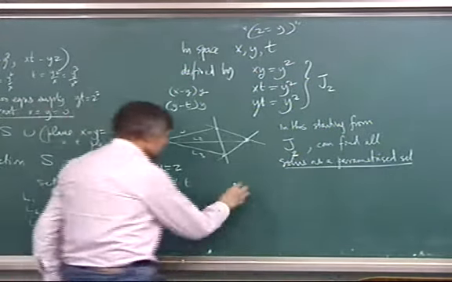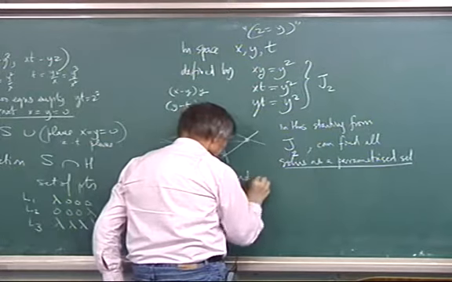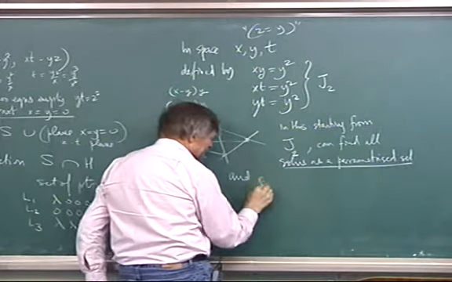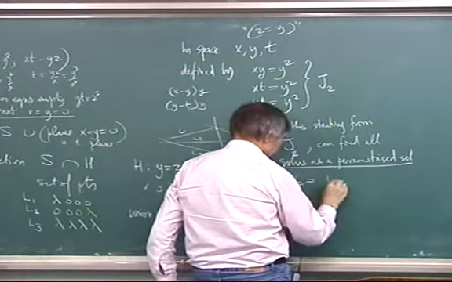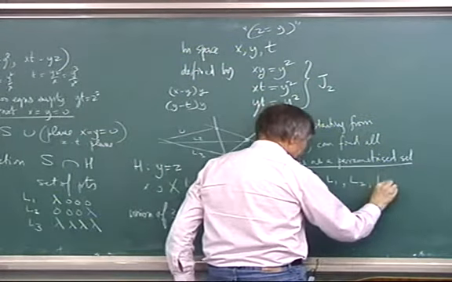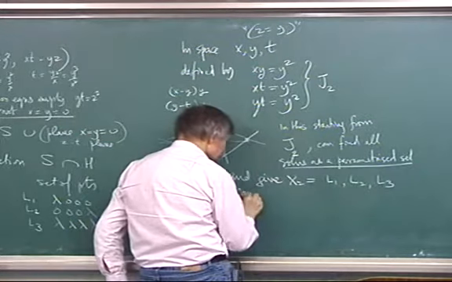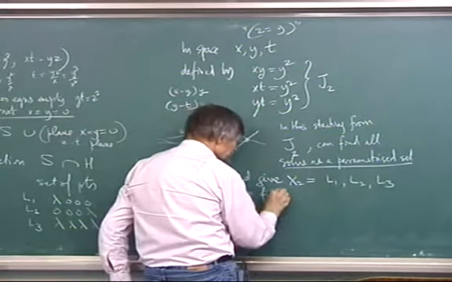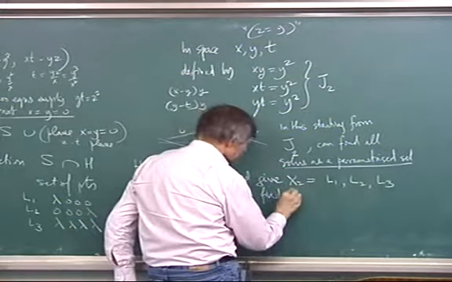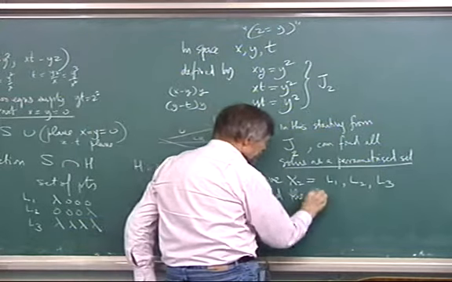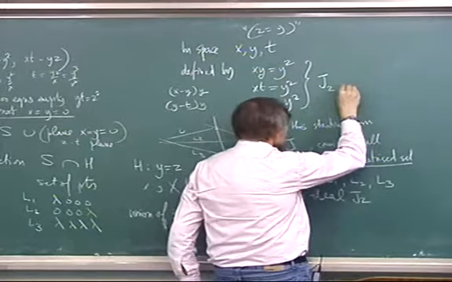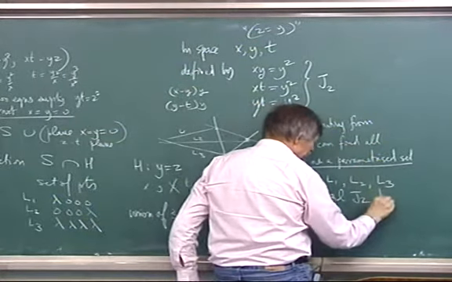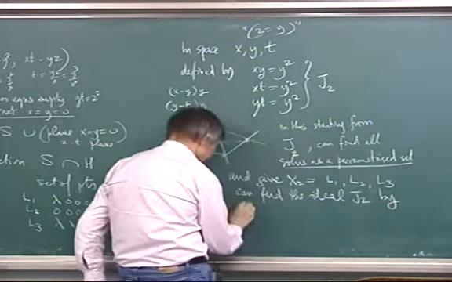Given x2 equals L1, L2, L3, we can find the ideal J2 by substituting.